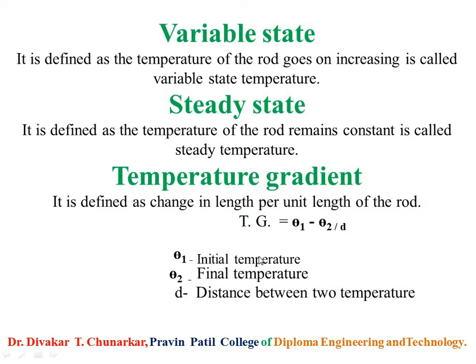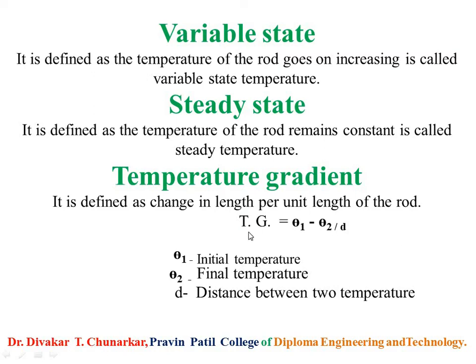The formula for temperature gradient is Tg, T means temperature, G means gradient. So Tg equals theta 1 minus theta 2 upon d. Here theta 1 is the initial temperature of the rod, theta 2 is the final temperature of the rod, and d is the distance between the two temperatures.